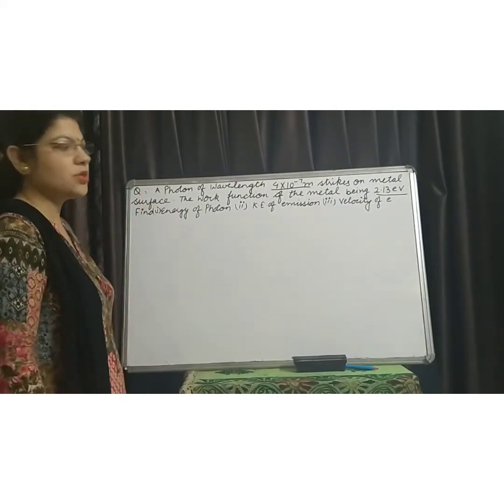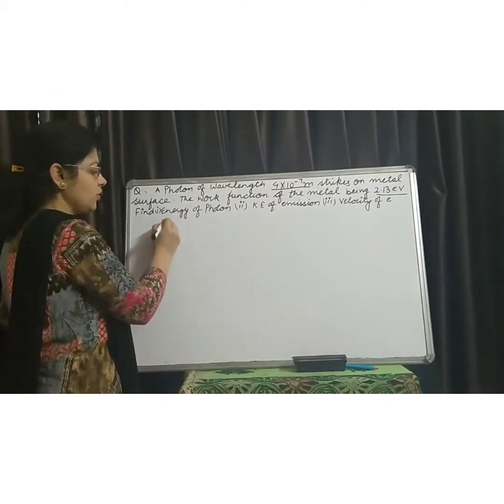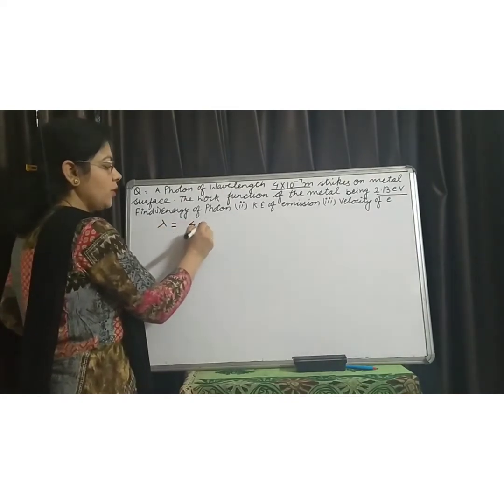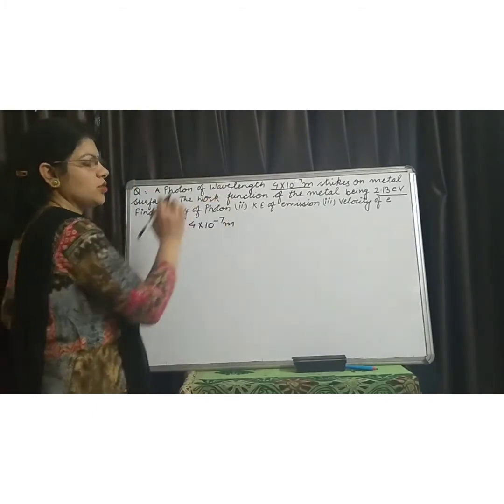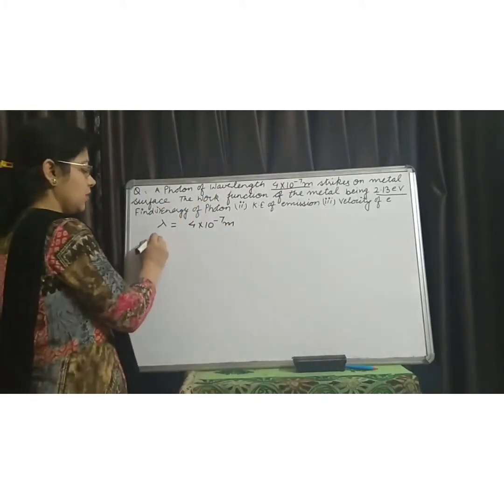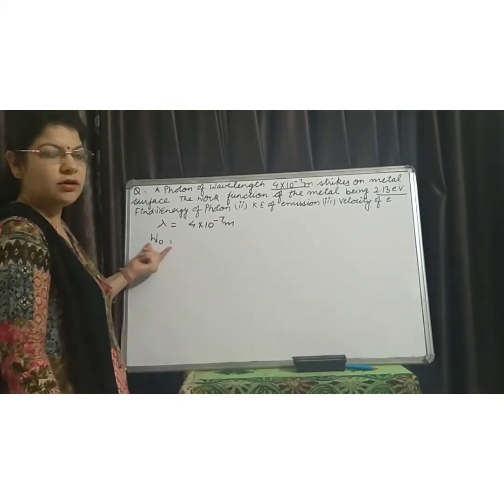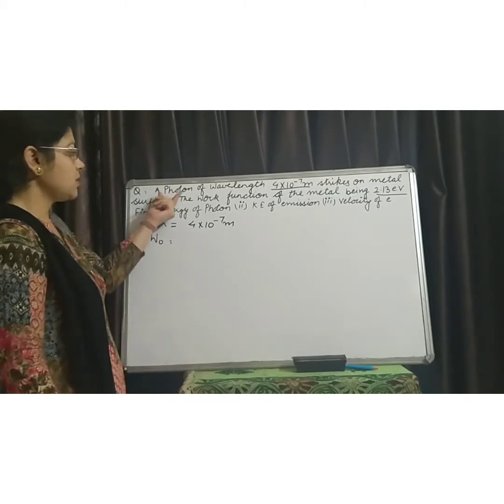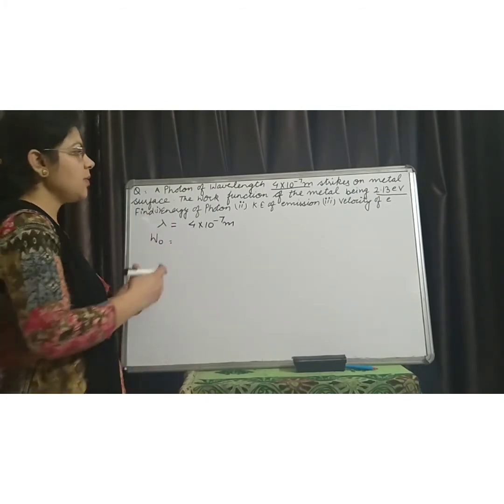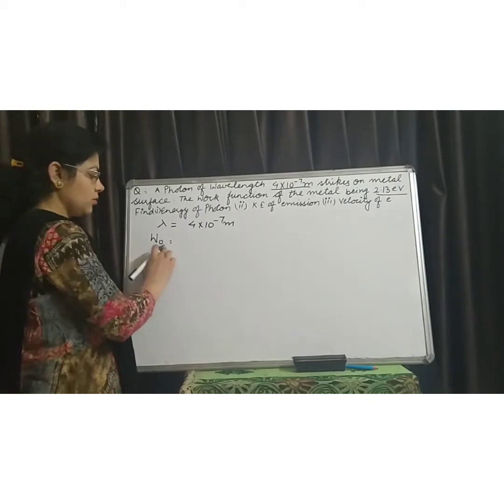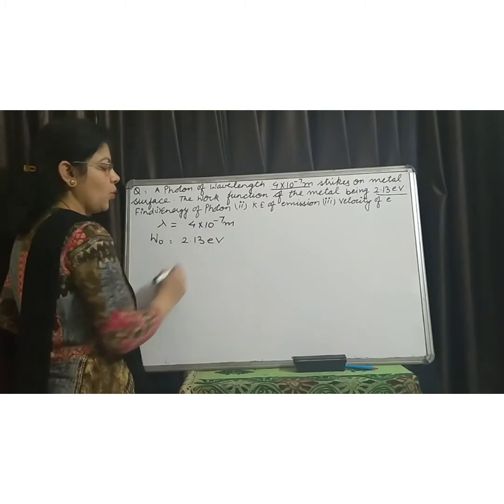See the question, what is given to you in this? First of all, the wavelength is given, which is 4 × 10^-7 meter. Second, the work function. Work function means the threshold energy, the work done by the photon to overcome the binding energy of the electron, that is 2.13 electron volt.